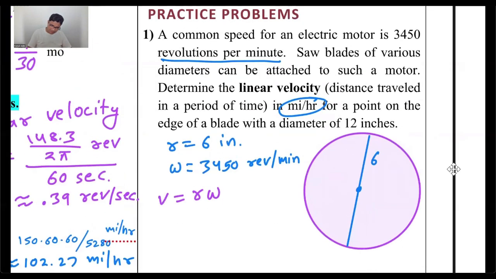Here, omega is given in revolutions per minute, so you need to convert to radians per minute first. So 6 inches times 3450 revolutions, right? You multiply by 2 pi. Then it has become radians per unit time, so that is per minute.